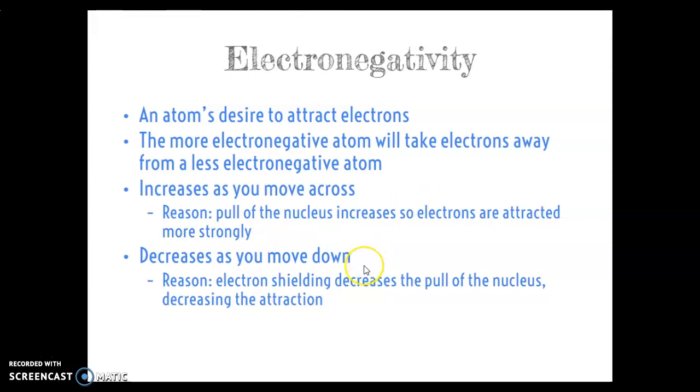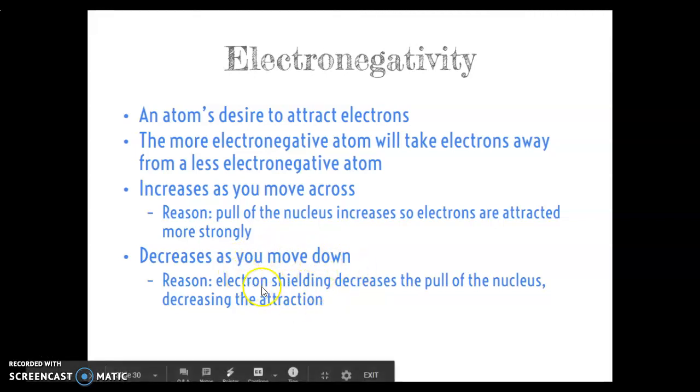And it decreases as you move down, just like ionization energy. Because, well, as you get more layers of electrons, those atoms are less attracted to more electrons because that effective nuclear charge is effectively decreased by the shielding of those outermost electrons from the nuclear charge.